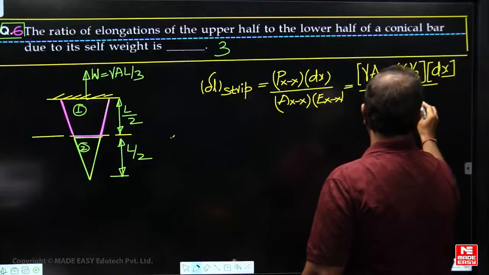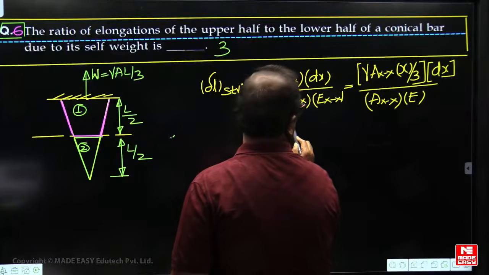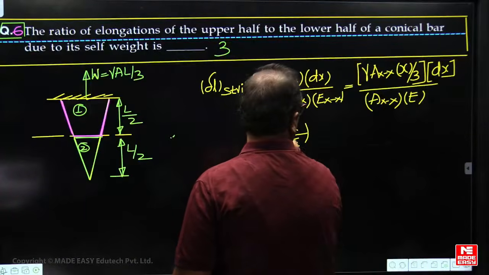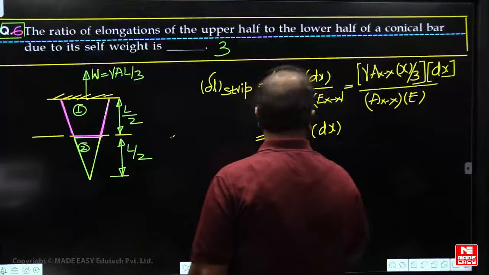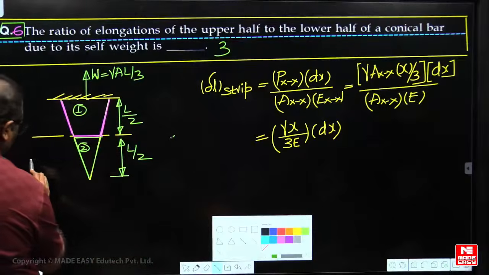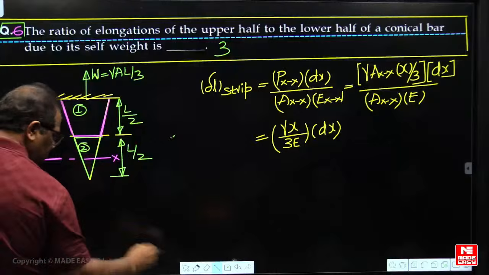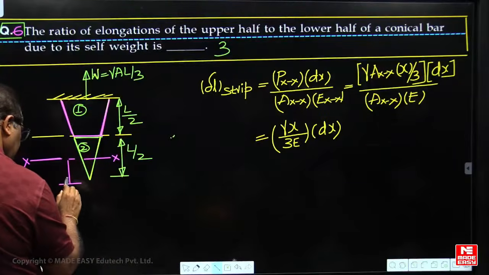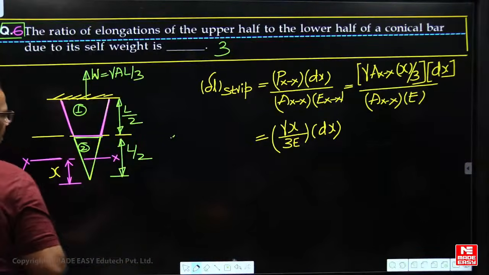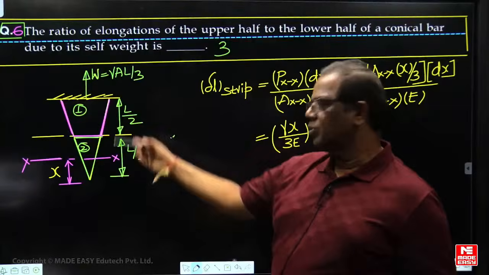Everywhere Young's modulus is same. So this will be what now? Gamma. I'm measuring the x from the bottom, to the arbitrary section x. So for this one limits are what? 0 to L by 2. This is what now? L by 2 to L.